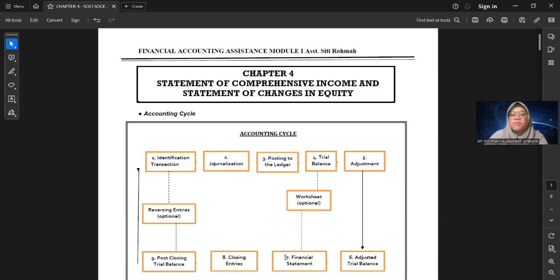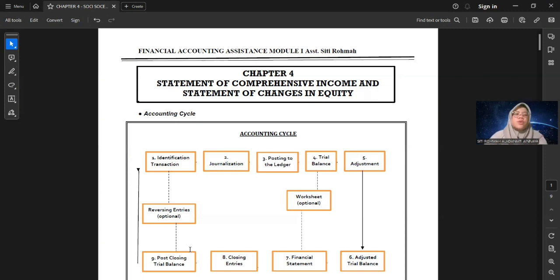Step 7 is making the financial statement. After making the financial statement, we make closing entries or a closing journal. We close every nominal account, and then after we close every nominal account, we make a trial balance after closing.